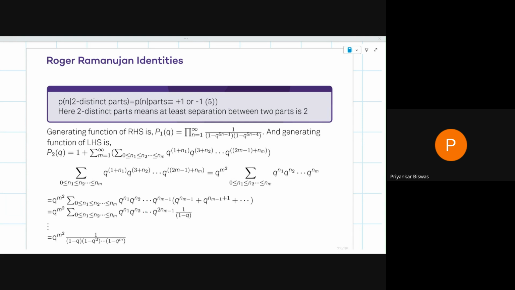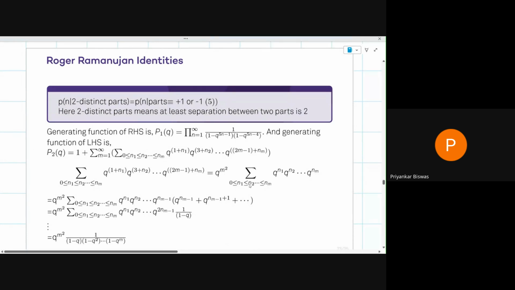Can you write? He's asking if you can skim through the remaining parts as the time is almost up. Okay.